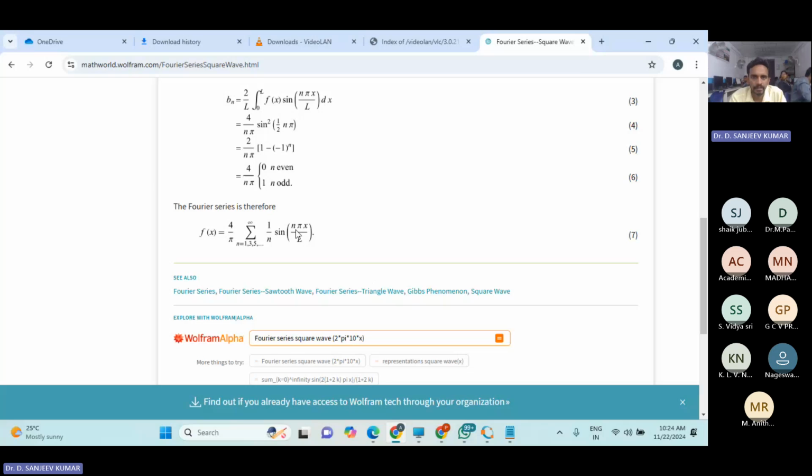Here n is the variable, and we sum over n, adding only the odd terms: 1, 3, 5, up to infinity. We'll see how the square wave becomes better by increasing the number of waves.